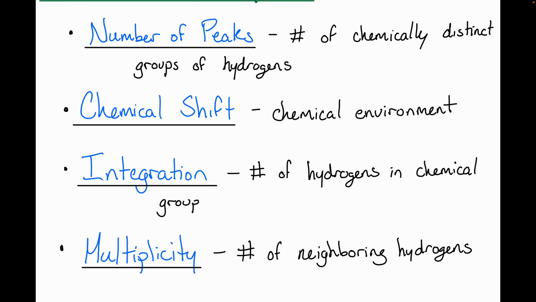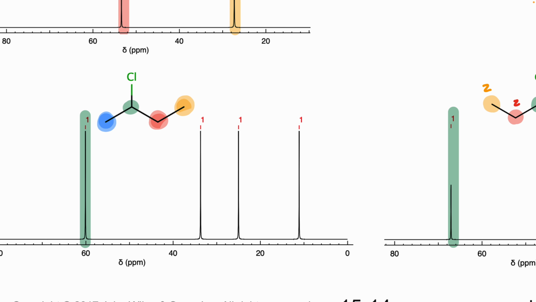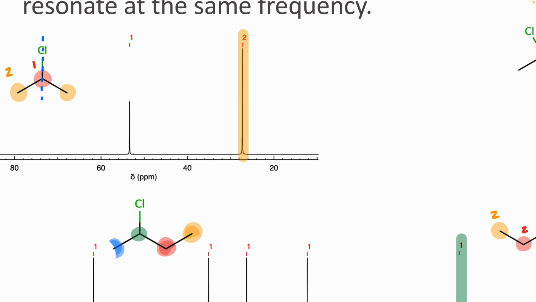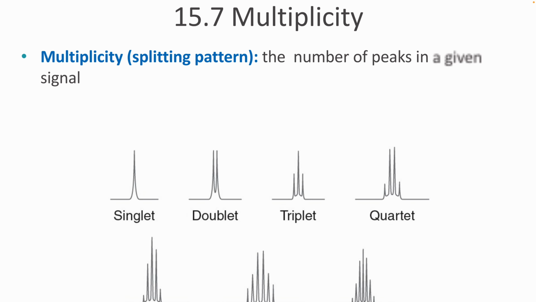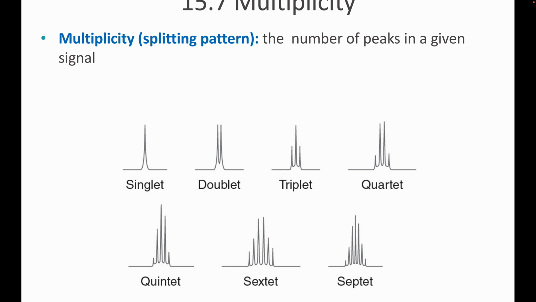All right, so what exactly do I mean by multiplicity? Well, if we looked at our carbon-13 NMR, we always had these nice, neat peaks. All right, maybe they were a little bit larger than their neighbor, but they always just went straight up and down. For hydrogen NMR, you see this sort of splitting pattern in our peaks.